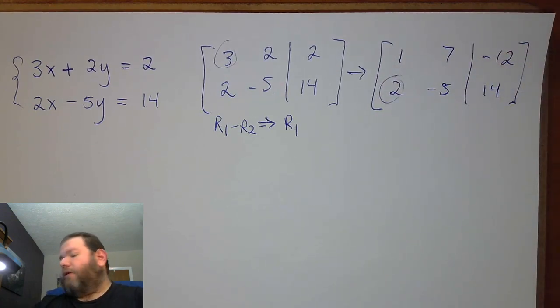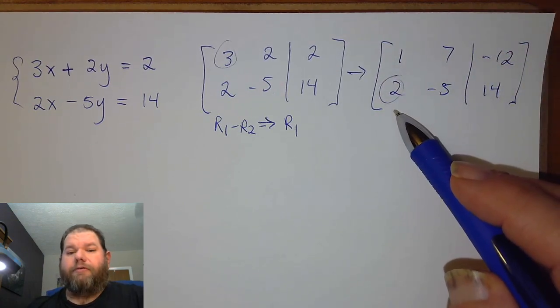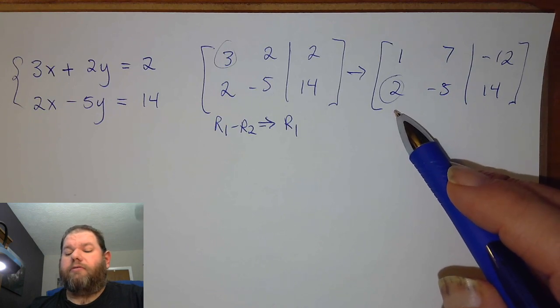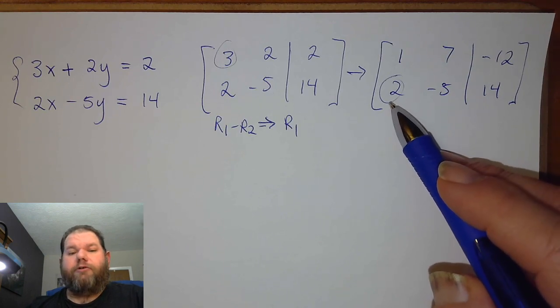Next step, we want to make this into a 0. How could we zero out this 2?